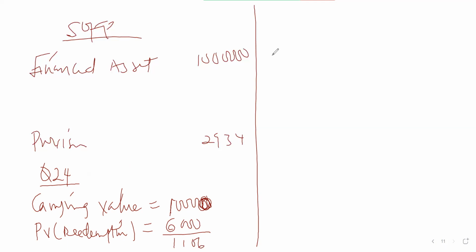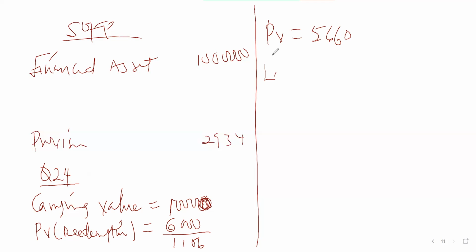What are we getting? We have only 1 year left. That'll be 5,660.38. Okay, let's make it 5660. So the question now is, this is the fair value now, and this is the carrying value.